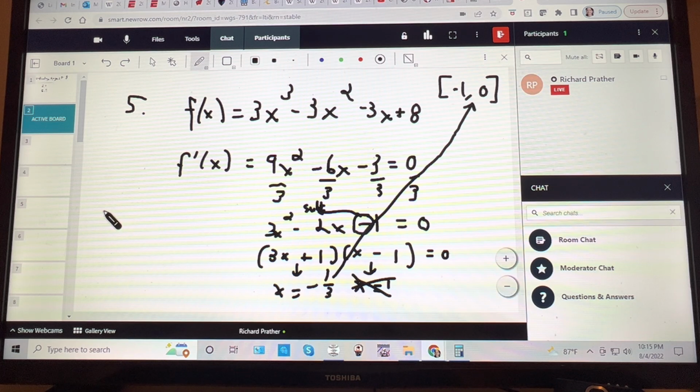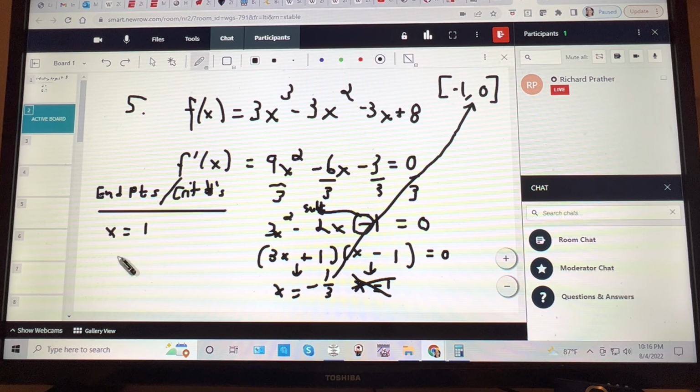So we make a little table here, with only endpoints and critical numbers inside the given closed interval. So that would be negative 1, negative 1/3. Whoops, I forgot the negative there.